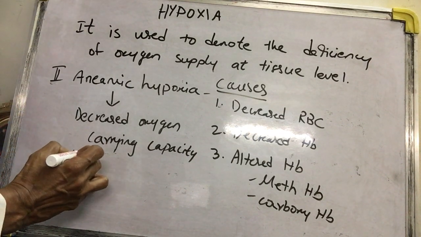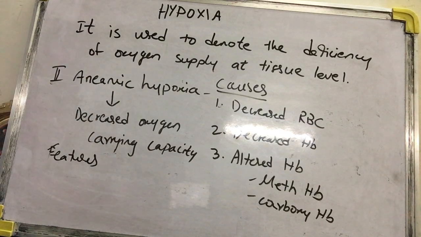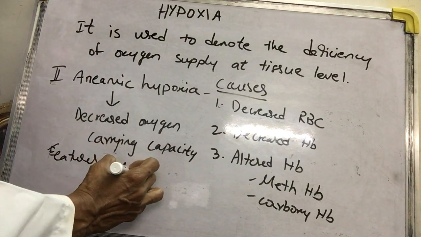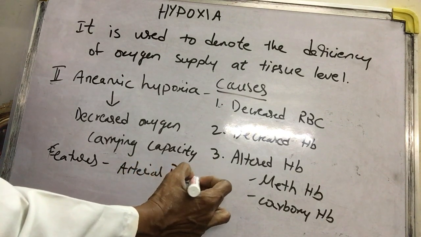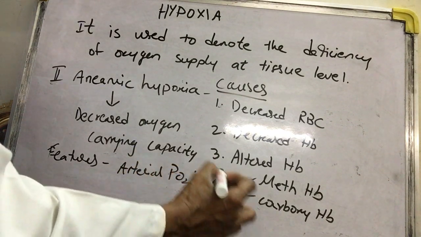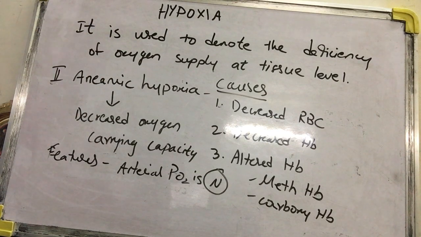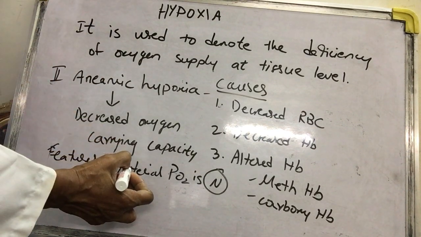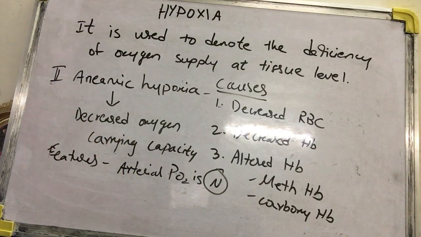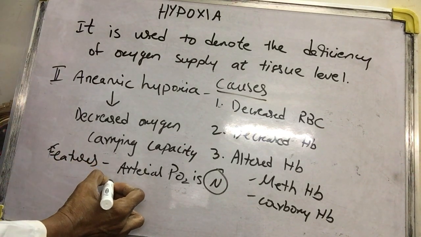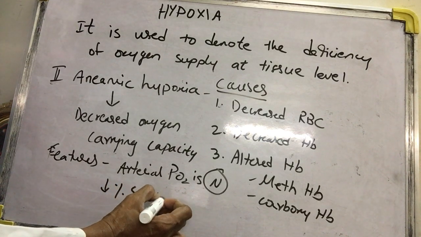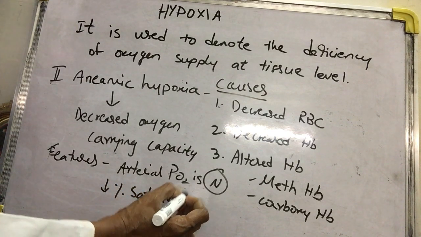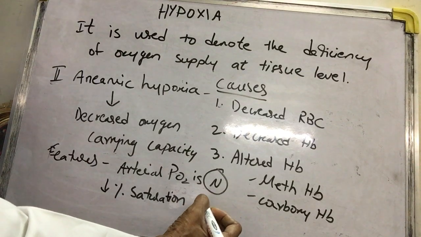And features of anemic hypoxia: the arterial partial pressure of oxygen is normal. Here the arterial PO2 is normal, but there is decrease in the percentage saturation of hemoglobin.